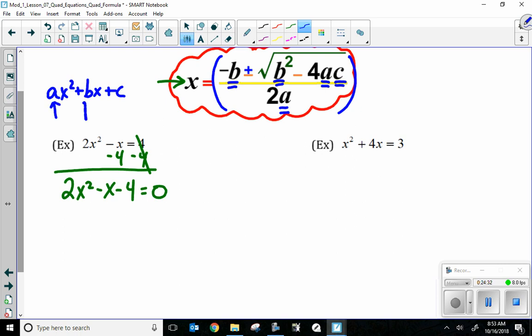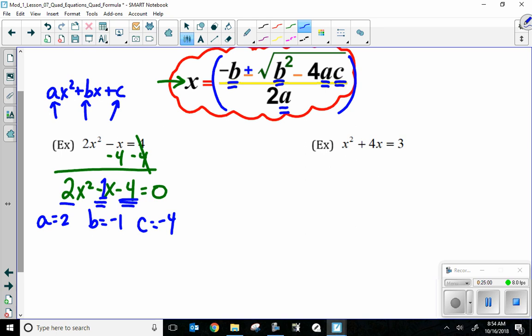The coefficients for each term, those are the letters we're going to use. In other words, my a value is 2. My b value, don't forget, that's a 1 there, and we need to include the sign, negative 1. My c value is negative 4.